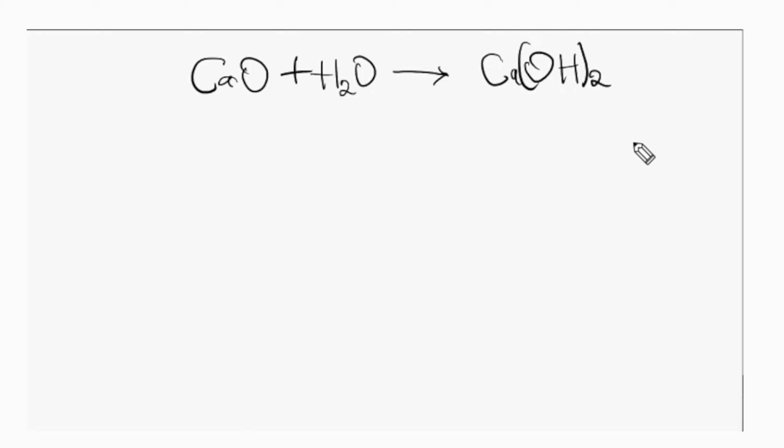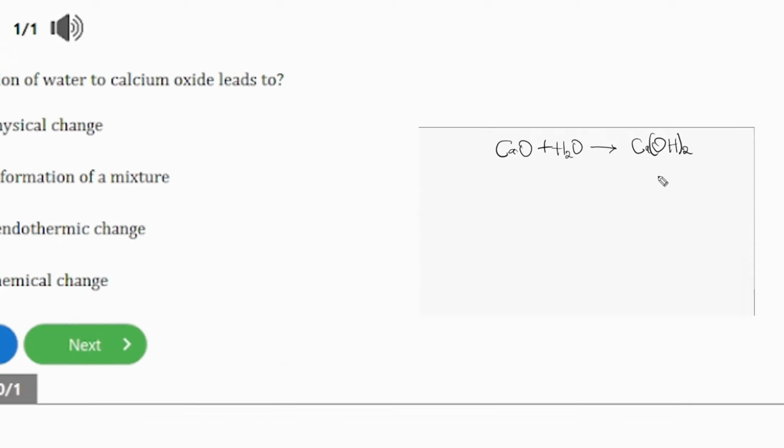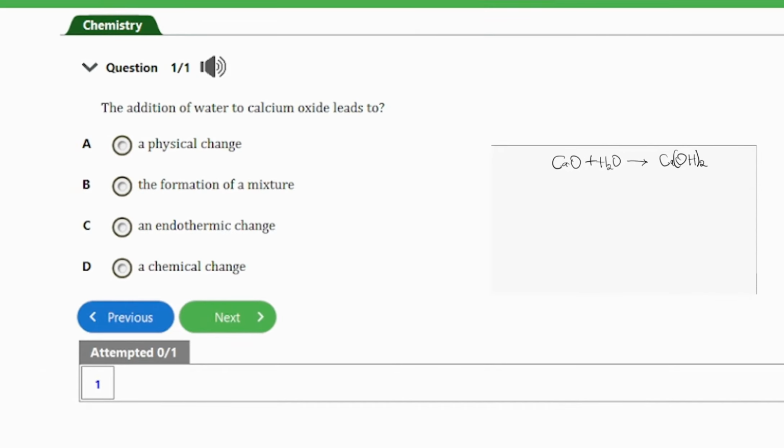And when you add water to it, the product of this reaction will be calcium hydroxide. So guys, that's the answer to this question. A new substance will be formed in this reaction here, and that's what denotes a chemical change.